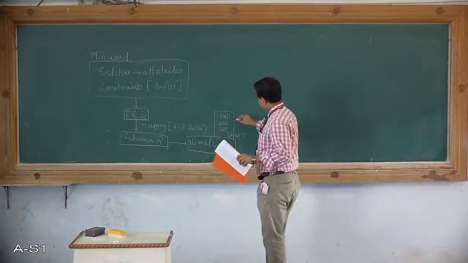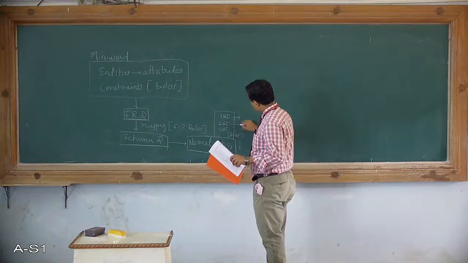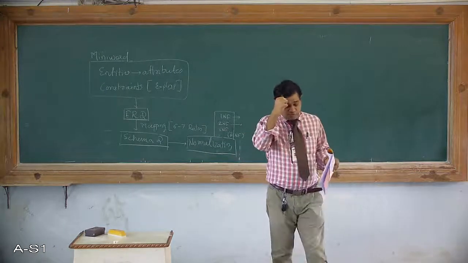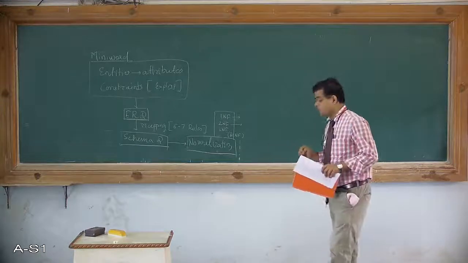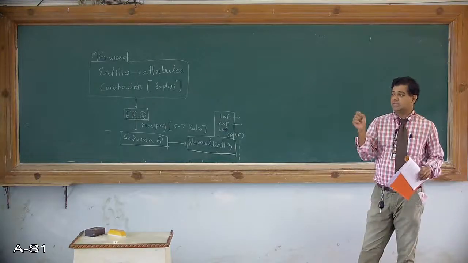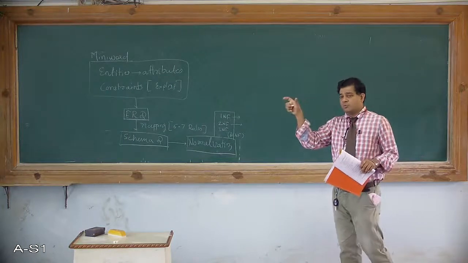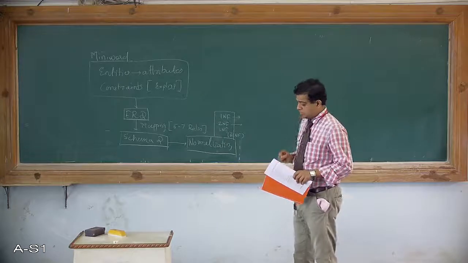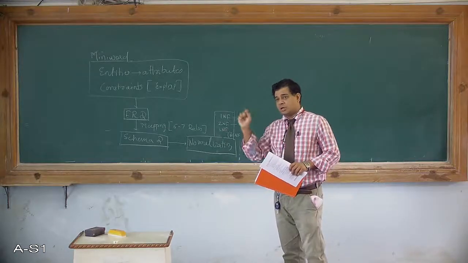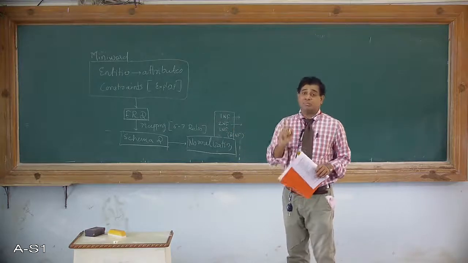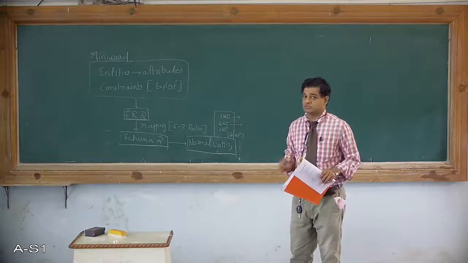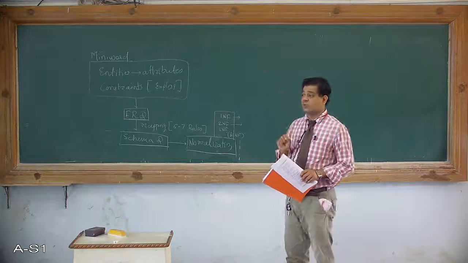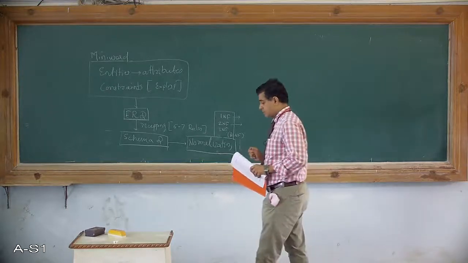So 1NF deals with atomic values, and 2NF deals with full dependency, where the non-prime attributes are dependent on prime attributes or key attributes. Here all the non-prime attributes should be completely dependent on the prime attributes or key attributes. This is called full functional dependency.